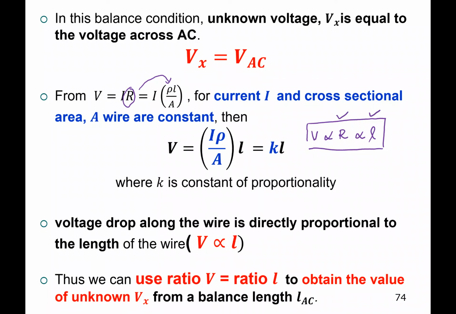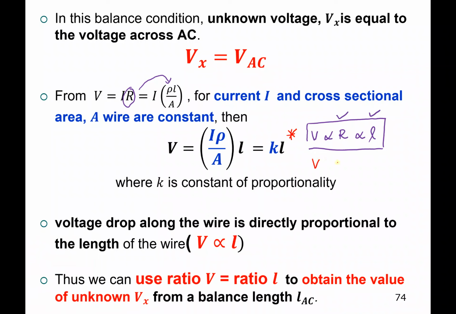Thus, we can use the ratio of V equals the ratio of L to obtain the value of unknown Vx from a balanced length AC. We will explain this clearly in the example. But for the concept of potentiometer, this is the relationship we will use: V directly proportional to R, directly proportional to L.